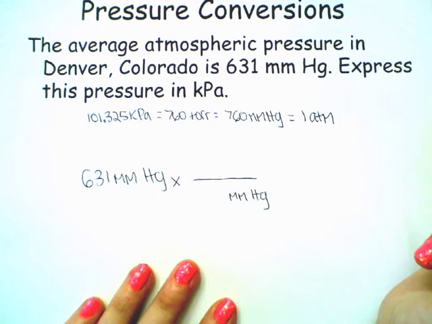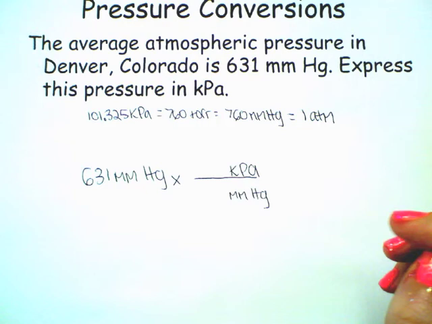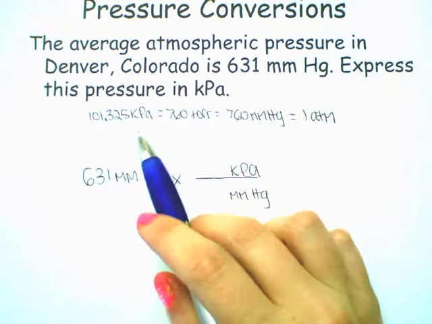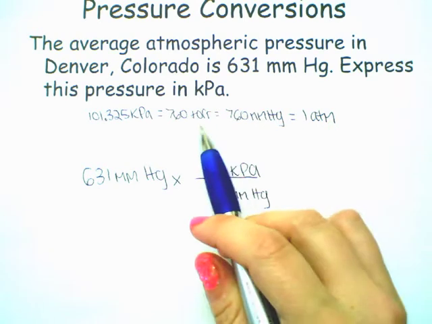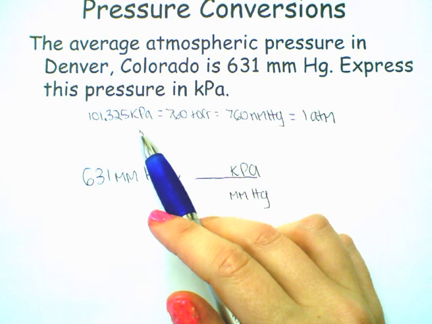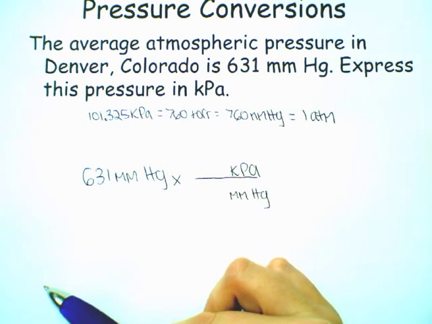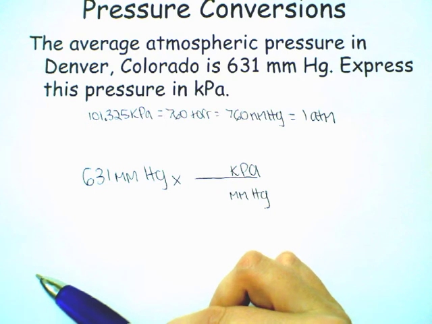And then we are looking for kilopascals. Unlike stoichiometry, we know that all of these units are equal to each other. We know the relationship between torr and atmospheres, between millimeters of mercury and kilopascals. In our stoichiometry unit, we didn't know the relationship between the mass of one substance and moles of a different substance. We had to go through multiple steps.